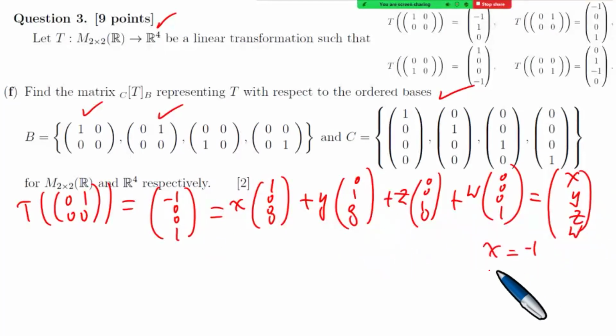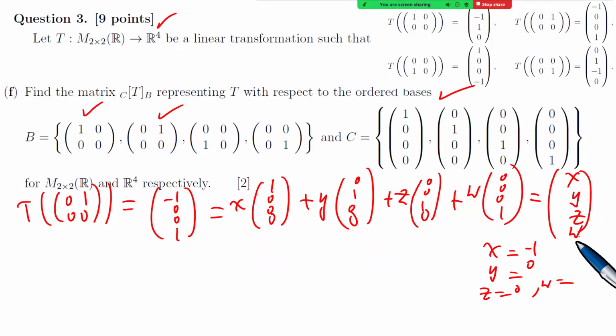Meaning x is what? It is -1. Y is 0. Z is 0. And then W is the bottom one, it's a 1. This would give us the columns of the matrix representation.